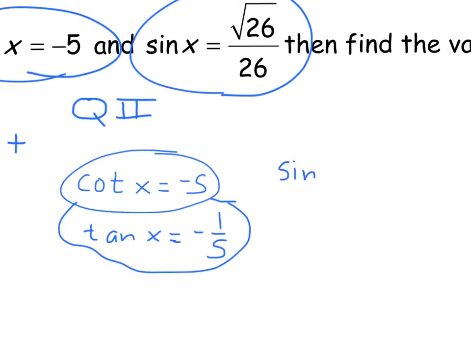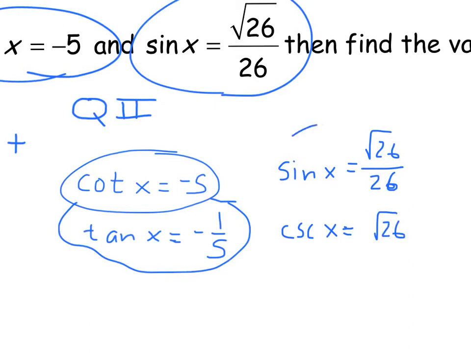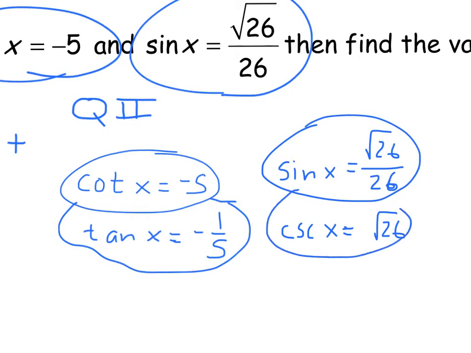So sine is going to be radical 26/26. So therefore, my cosecant is going to be what? 26 radical 26 over 26? Just radical 26. Good. Now, cosecant and sine are both positive, so it's going to be the cosine and secant that are negative.